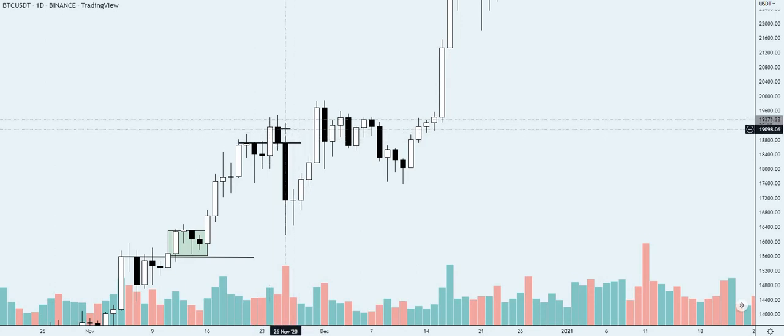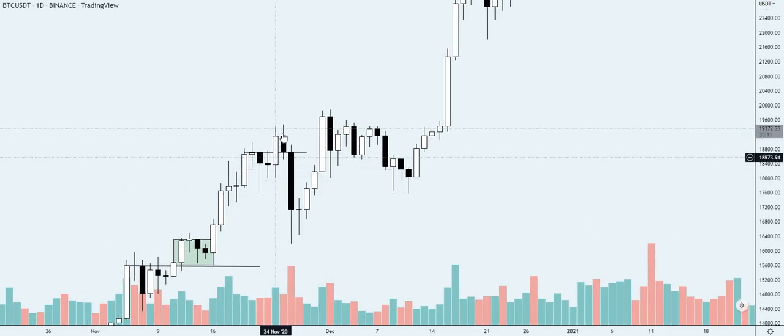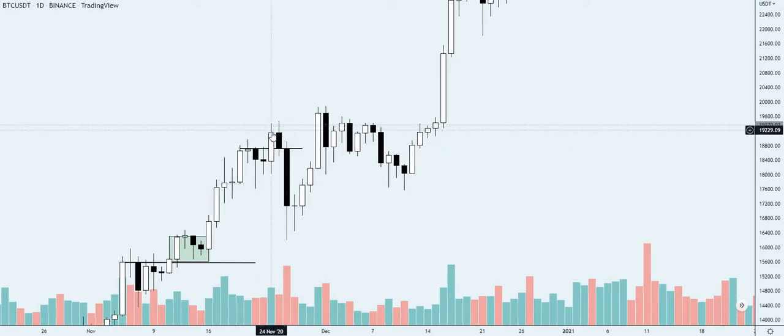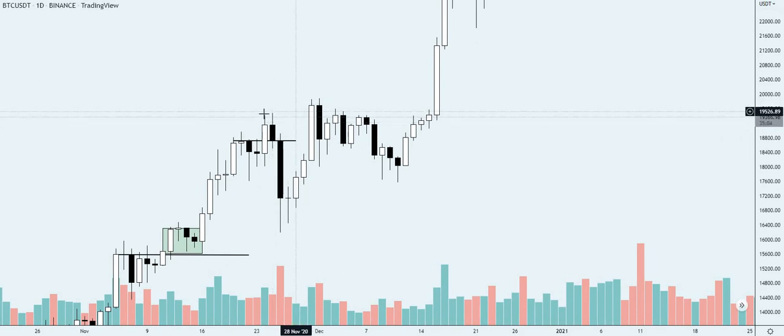However, we came right back down, closed right at the level, and then it wasn't able to break. So we did not get multiple candle closes above this level, meaning this was not technically a clean break. Yes, we made a higher high, right? But we did not break that structure, that level.